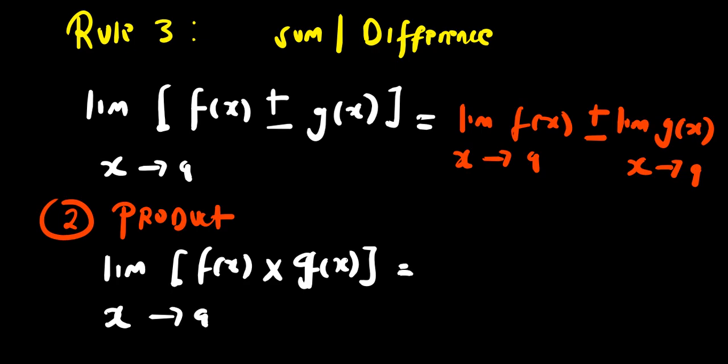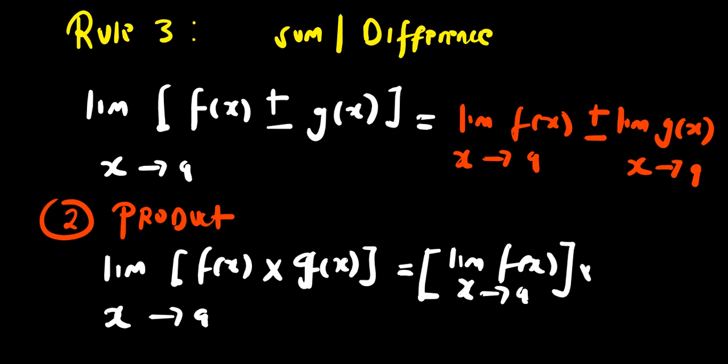In this case, you are going to have the limit of f of x as x is approaching a, multiplied by the limit of g of x as x is approaching a. So you're just doing the multiplication of the two. That is very important for you to know.